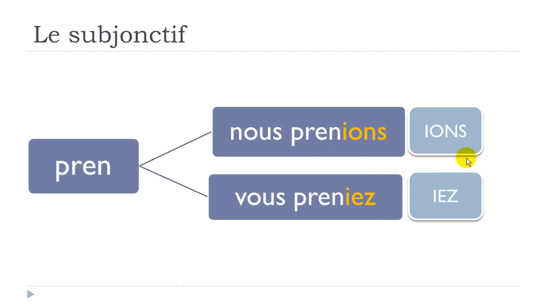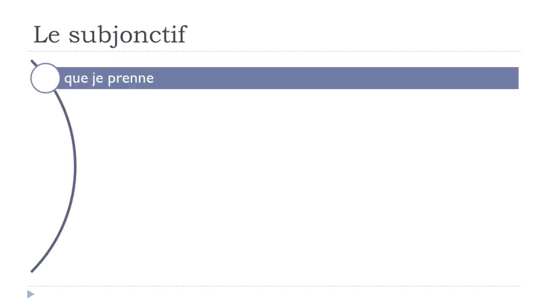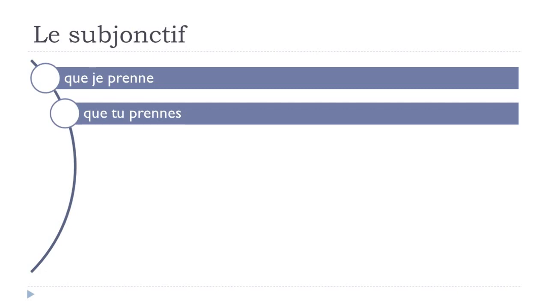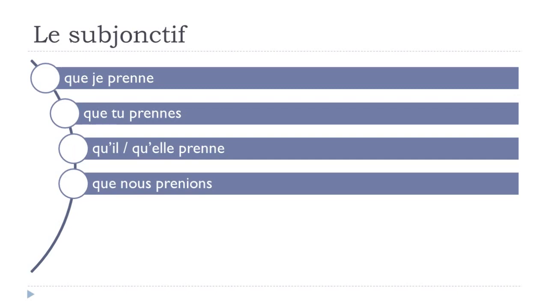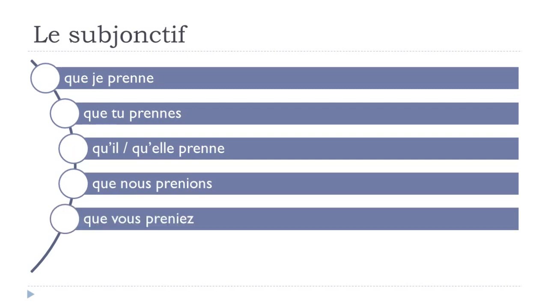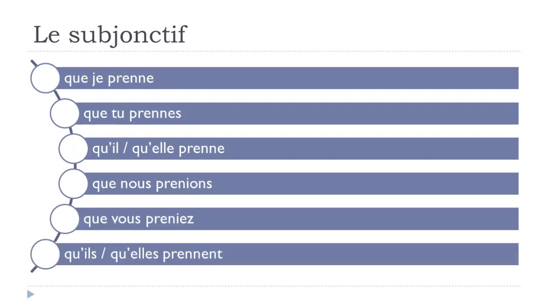Okay? If you remember, it looks quite familiar because it's the ending as well for the imparfait form that we saw a while ago. Okay, so let's have a look now. The full thing. So, que je prenne, que tu prennes, qu'il prenne, qu'elle prenne, que nous prenions, que vous preniez, qu'ils prennent, qu'elles prennent.